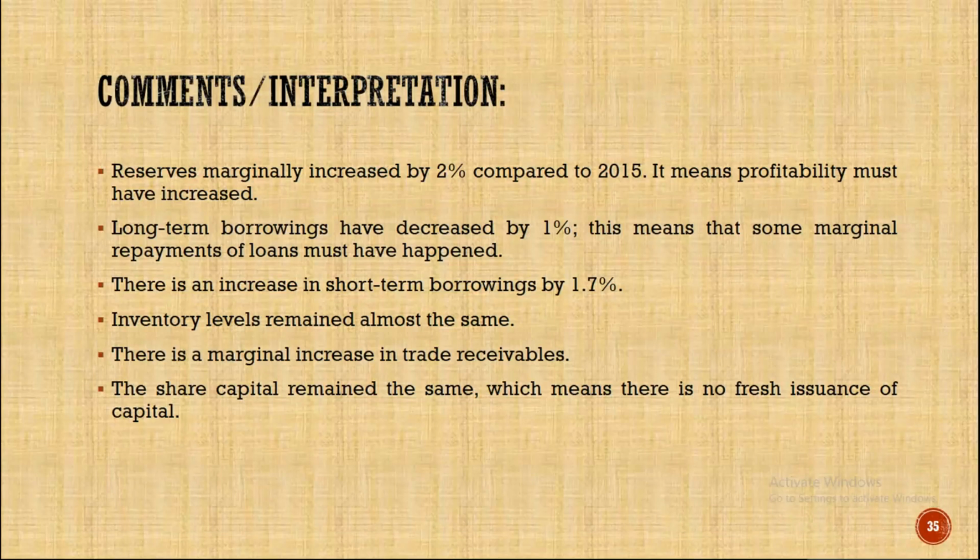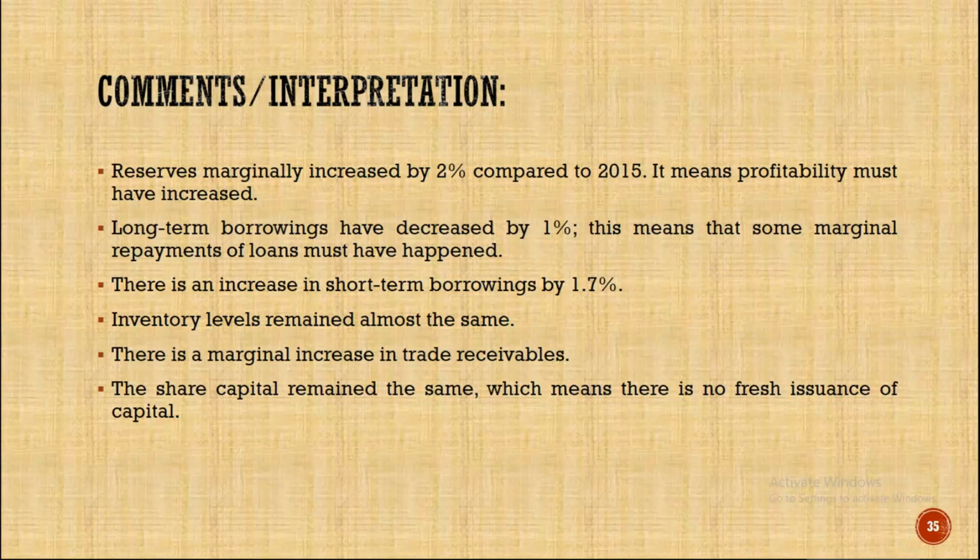So here the comments are: reserves marginally increased by 2% when compared with the year 2015. It means profitability must have increased, as we know that the reserves are from profit. Next, long-term borrowings have decreased by 1%. This means that some marginal repayments of loans must have happened.